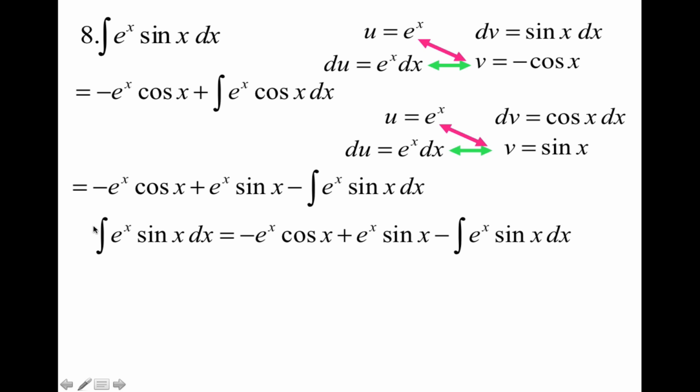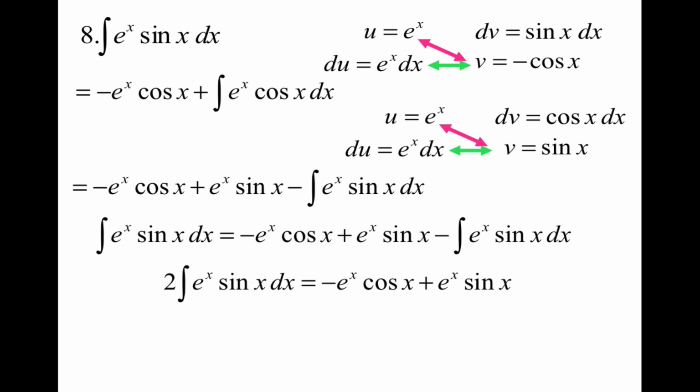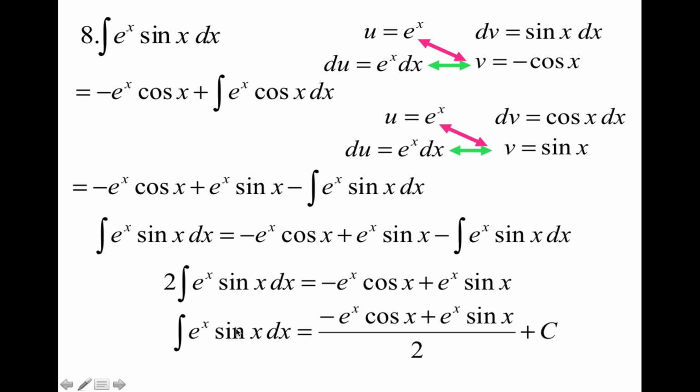Well, since this is the integral that I want, I'm going to add this integral over to the other side. So now I have two of them equal to the other stuff. And now I can get this by itself, which just by dividing everything by 2. And then, of course, you got your plus c at the end.